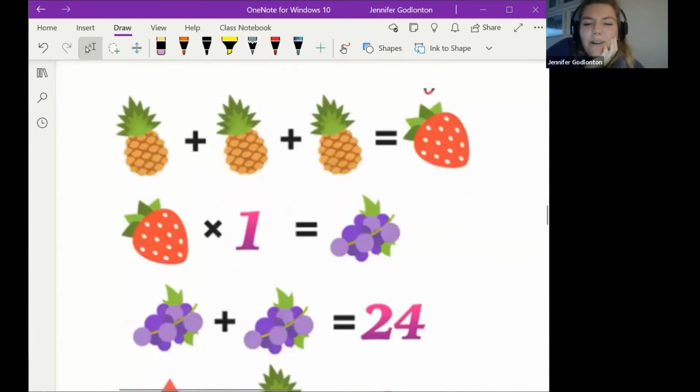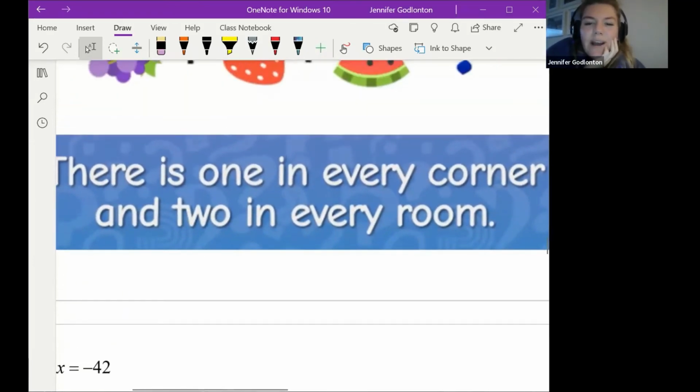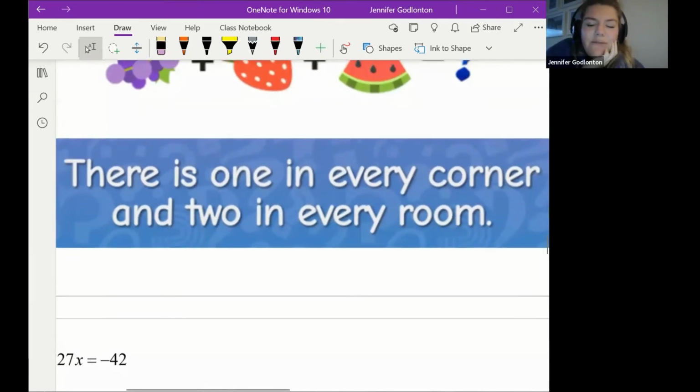Riddle. Okay, riddle first. There is 1 in every corner and 2 in every room. Ah, Amber, you're too good at riddles. Do you just have all of the riddles written down somewhere and you just know all the answers?